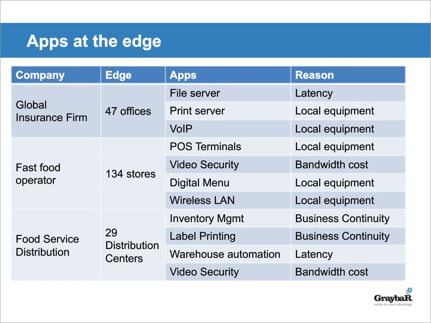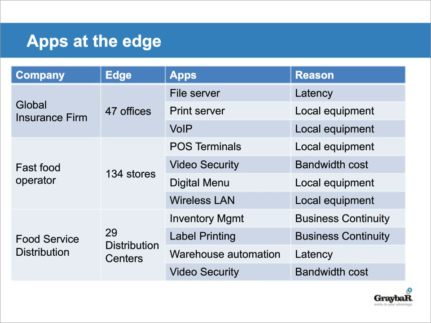Why are there applications that cannot be migrated to a data center? Why that application needs to be local? And this slide talks a little bit towards that. You can see there are apps that can only run locally in each location. Voice over IP, perfect example. Print servers, another perfect example, right?